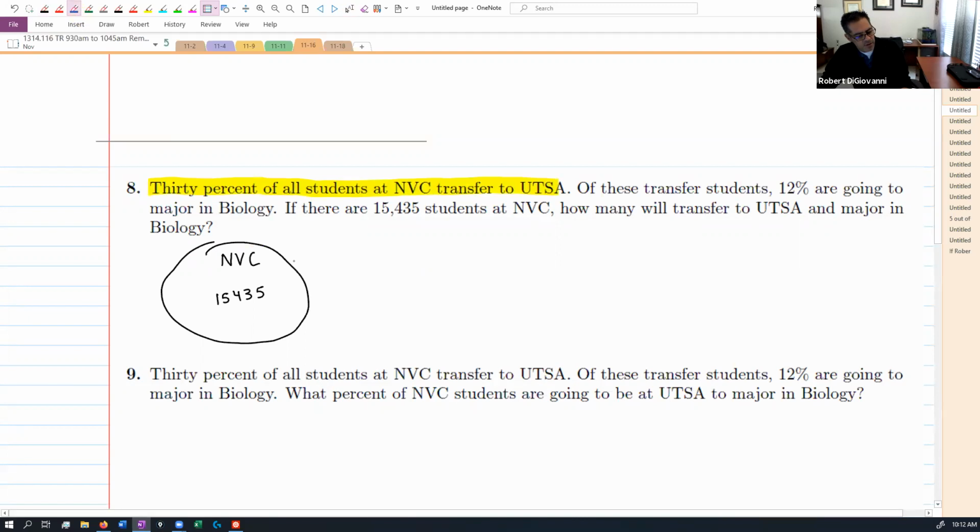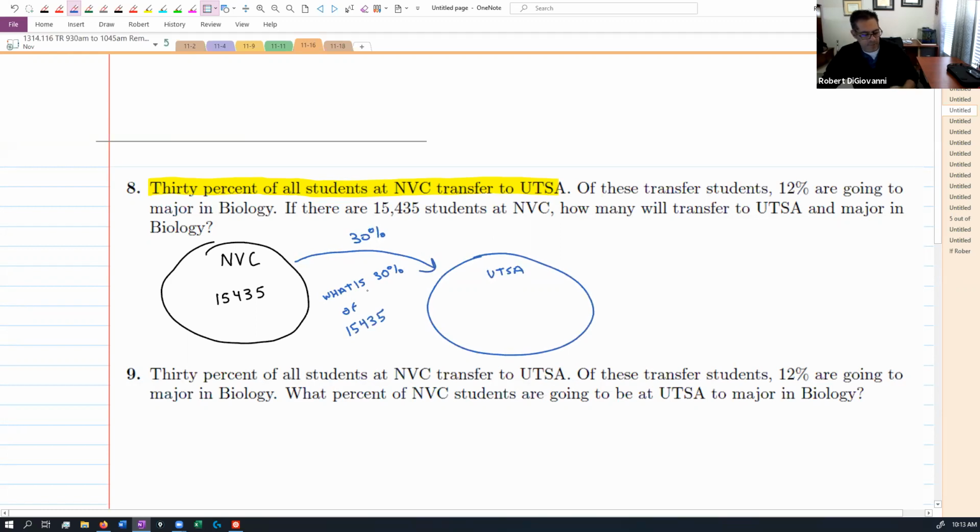So in my picture, I know that 30% of those students are going to wind up going to UTSA. So that means I need to know what is 30% of 15,435.